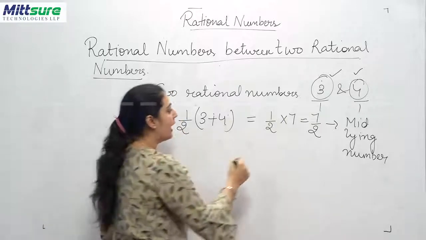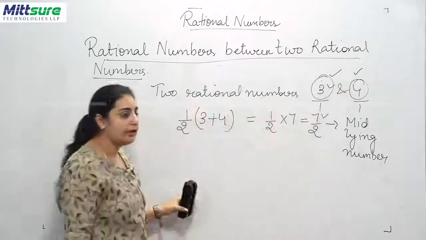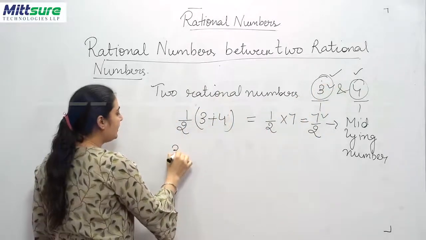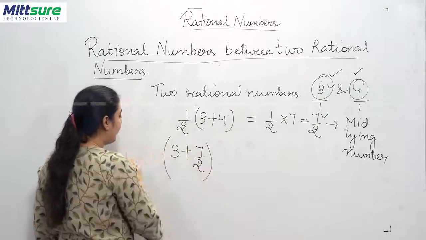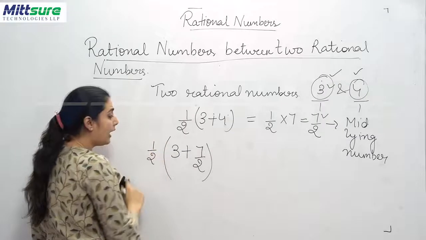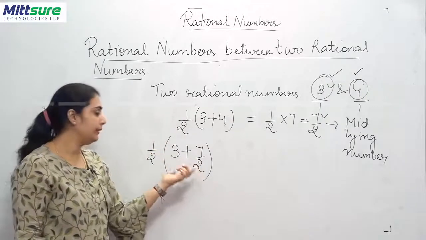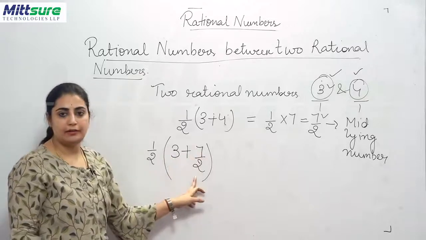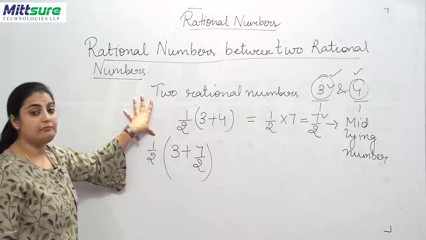So first of all, I will take 7 upon 2 and 3. Now I will add 3 plus 7 upon 2 multiplied by 1 upon 2. So now I am finding the midline number between 3 and 7 upon 2 with the given method.